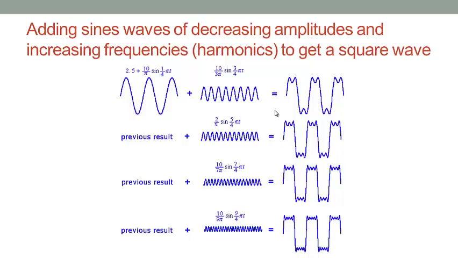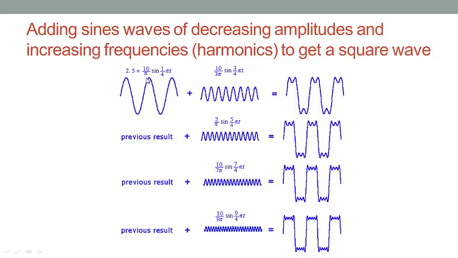Now let us see how we are getting a square wave from sine waves. The first term here, 2.5, is the DC value, or the average value of this signal.